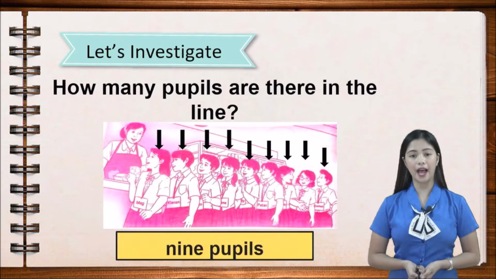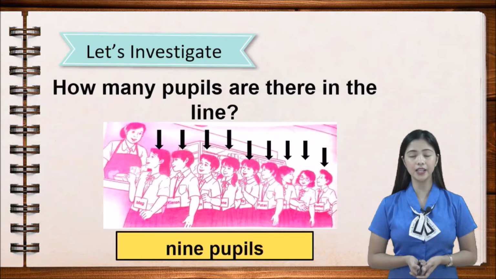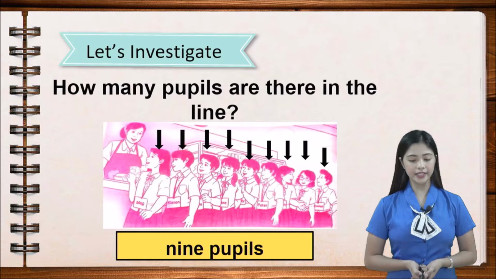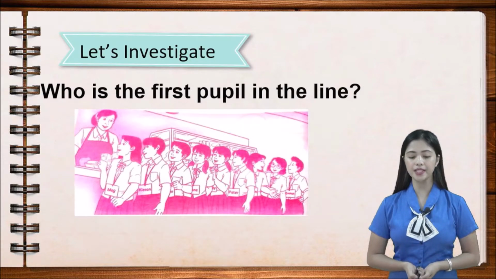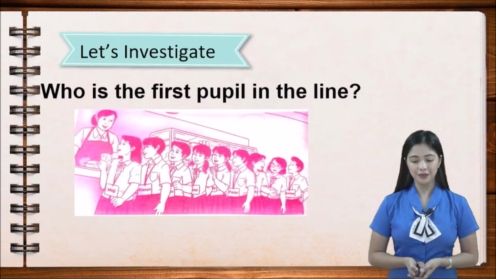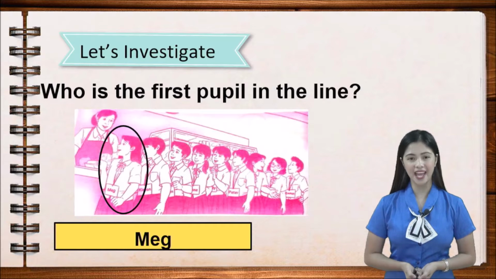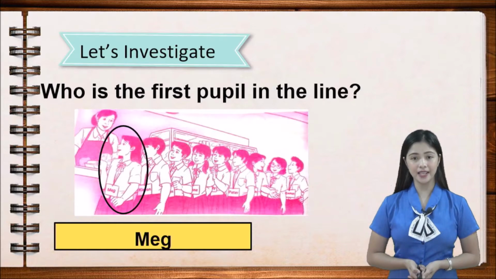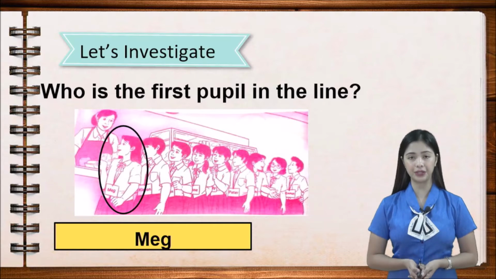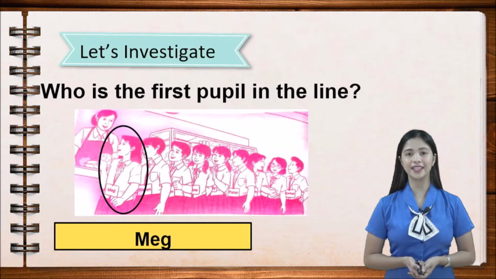So, we have 9 pupils in all. Now, kids, can you tell me who is the first pupil in the line? Fantastic! She is Meg. Again, Meg is in the first line, or she is the first pupil in the line.